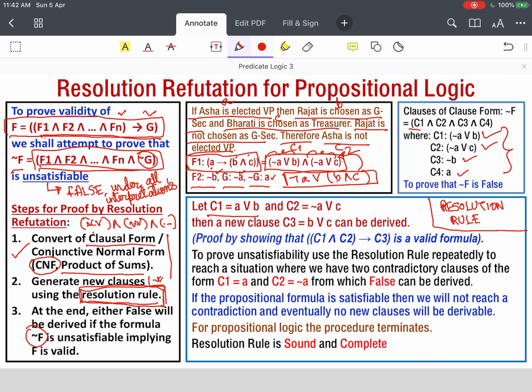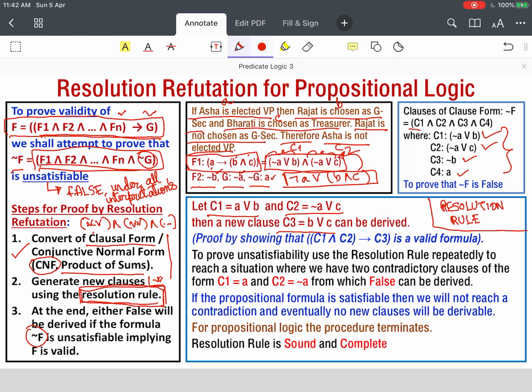The resolution rule is, in the simplest case, let C1 be A or B and C2 be not A or C. The resolution rule says if C1 is true and C2 is true, then C3, which is B or C, is also true.